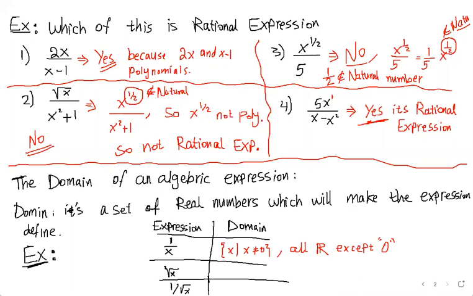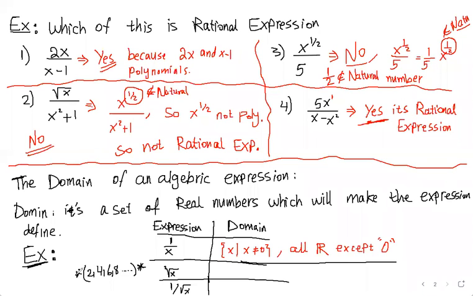For the second one, who will do the second one? I said, if I have a radical where the root index is an even number, like this square root, 2 is an even number, 2, 4, 6, 8, all of these are even numbers.